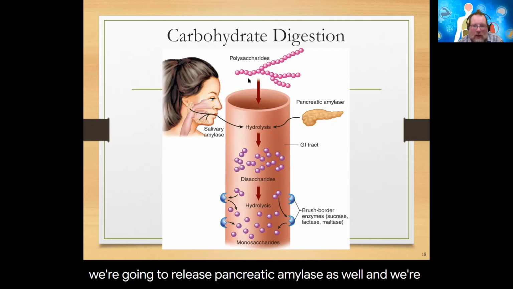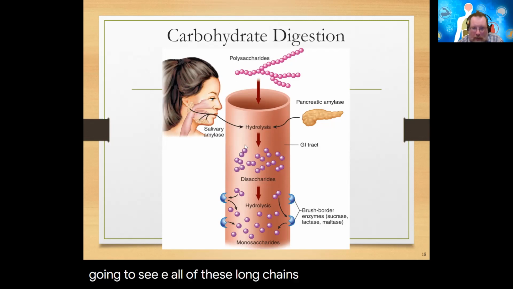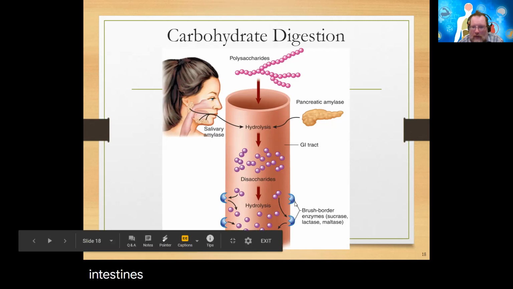And we're going to see all of these long chains become a bunch of disaccharides or two-chain carbs, and those would be in the form of sucrose, maltose, or lactose. And then we keep the train rolling, and in the small intestines we have what are called brush border enzymes, sucrase, lactase, maltase, that are going to break up the specifics into either glucose, fructose, or galactose.